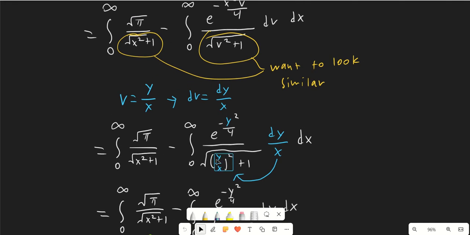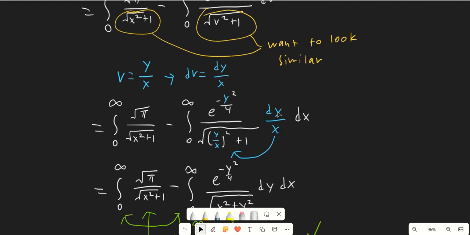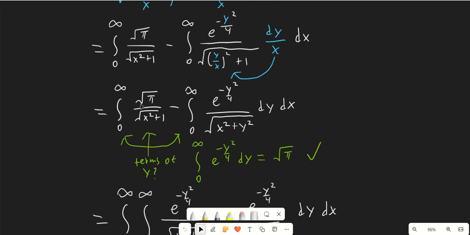And then we put y over x squared inside this square root. Then this x from dy over x is going to be multiplied into the square root, and we'll get this right here: the integral from 0 to infinity of square root pi over square root x squared plus 1, minus the integral from 0 to infinity of e to the negative y squared over 4 over square root x squared plus y squared dy dx.